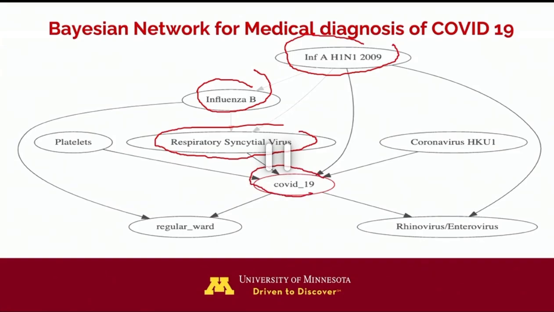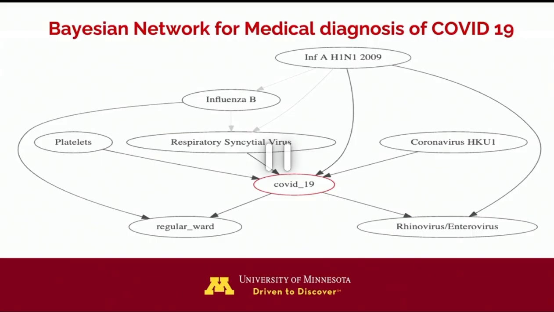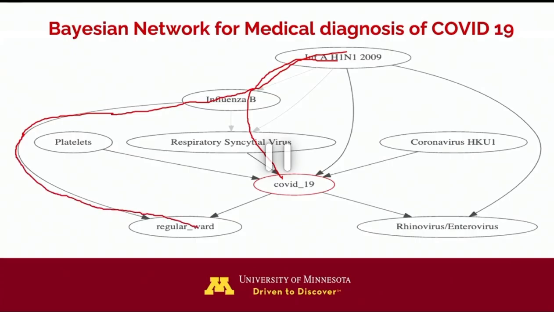And from what I'm seeing, it is not only that path to COVID-19. I can also go from here all the way to influenza B and end up in a regular ward. Or let me see another way to get to COVID-19.